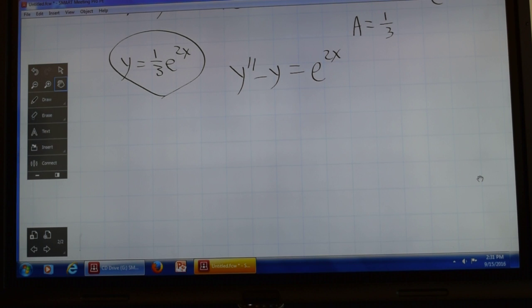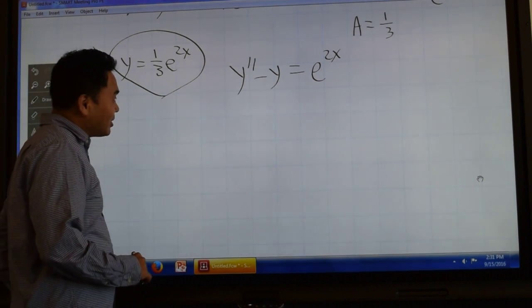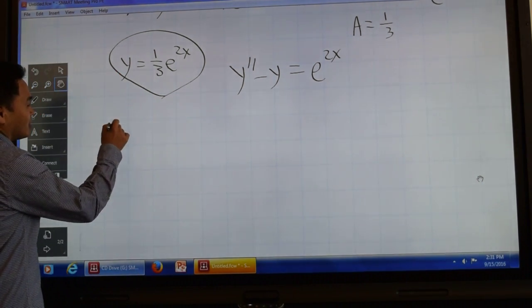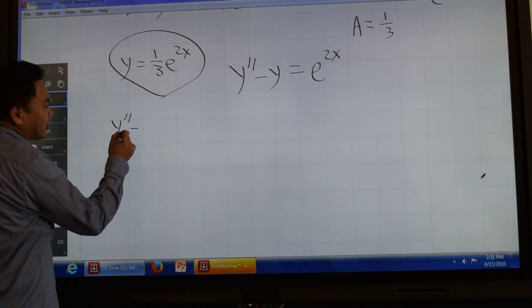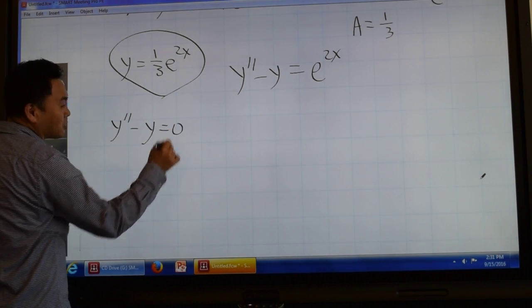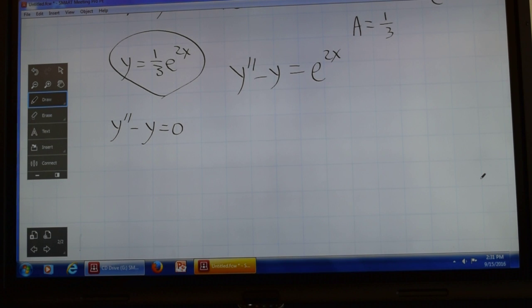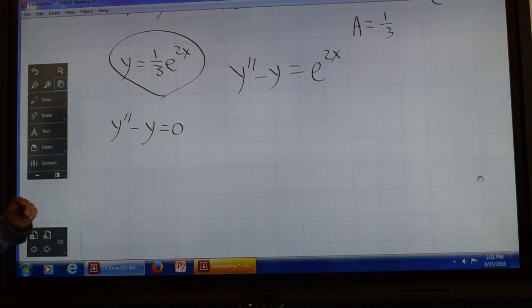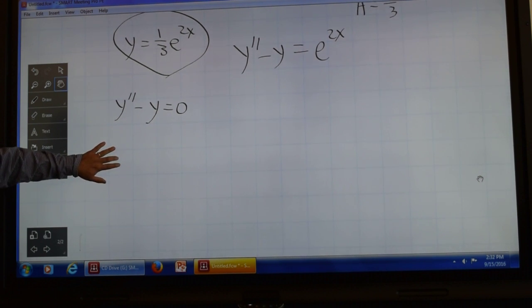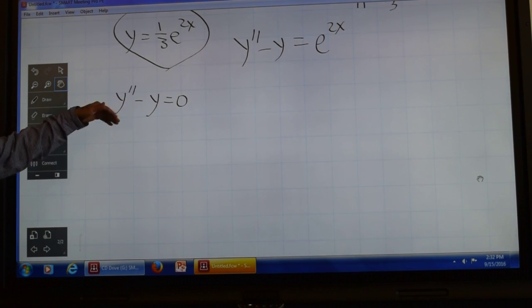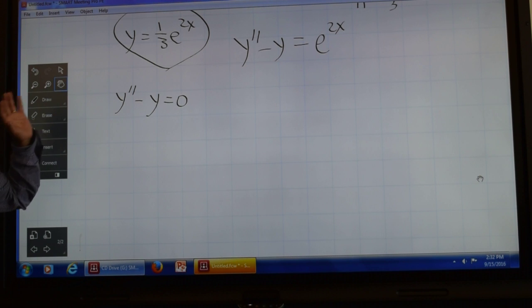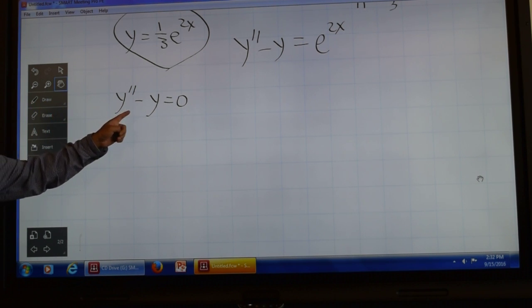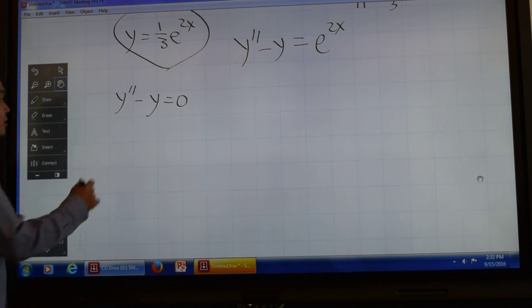If I have the solution to y double prime minus y equal to 0, then I can figure out what's going to get killed when I calculate the left side, right? Before explaining what I mean by that, let's try to figure this out. What's the solution to this?